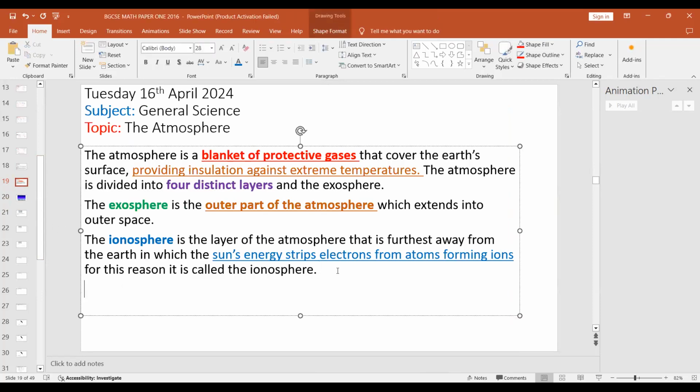Next up is the mesosphere. So the mesosphere is the layer of the atmosphere which is in the middle of the atmosphere.